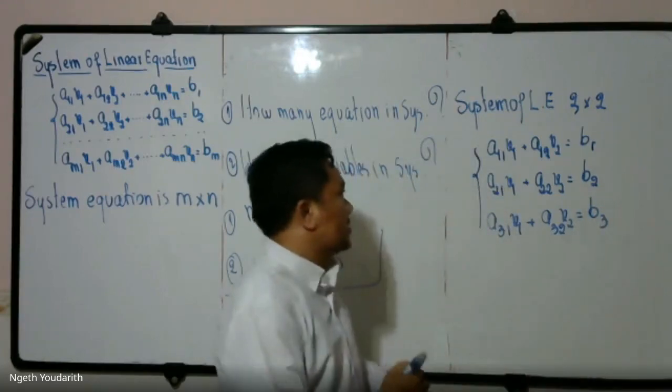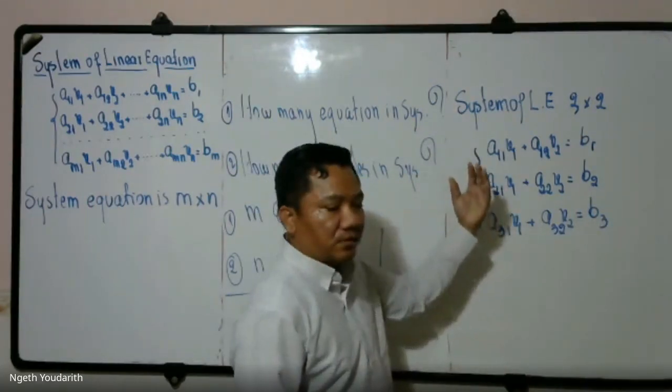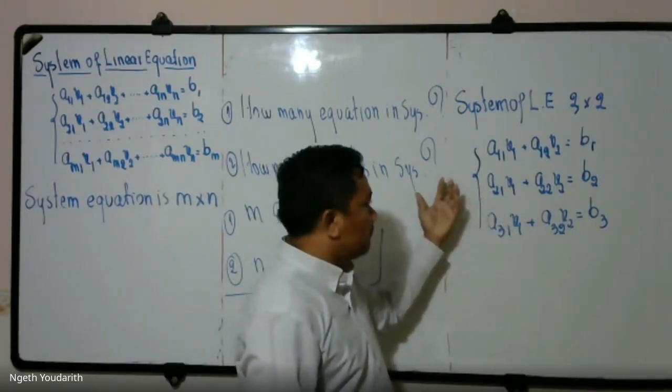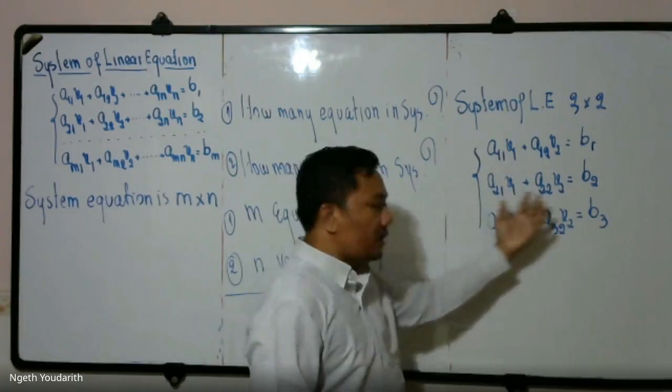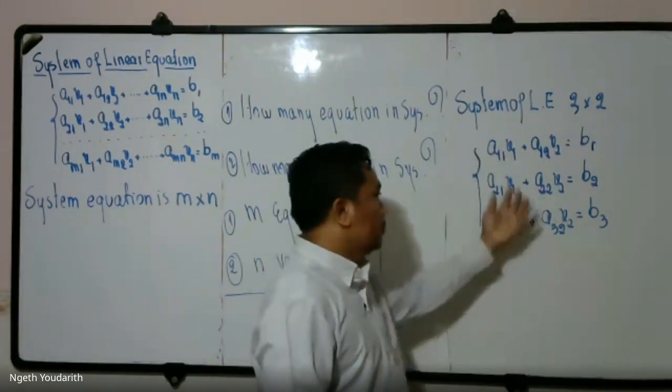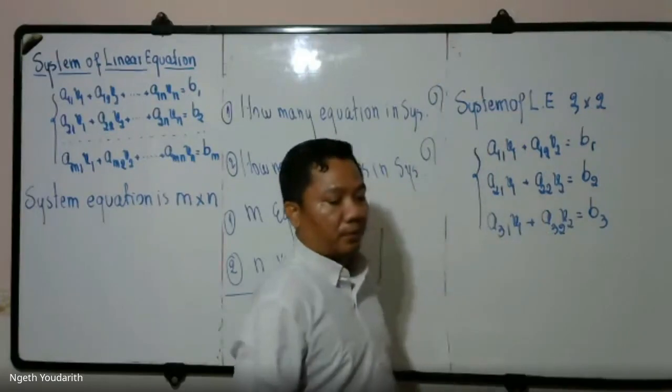So it is the system of 3 cross 2. You know about this? It has 3 equations and 2 variables.